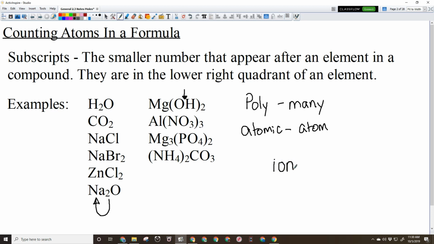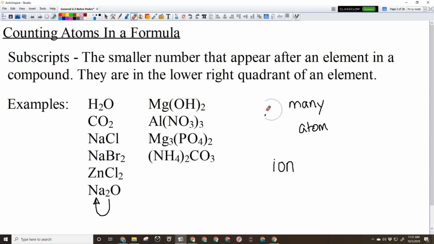So it acts like a single ionic element that's bonded to another element. If you have more than 1 of these polyatomic ions that's bonded, then we have to use parentheses around it to show that this is to be thought of as a unit.